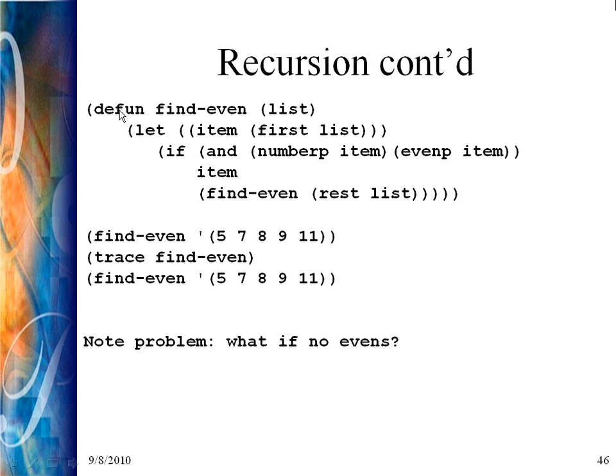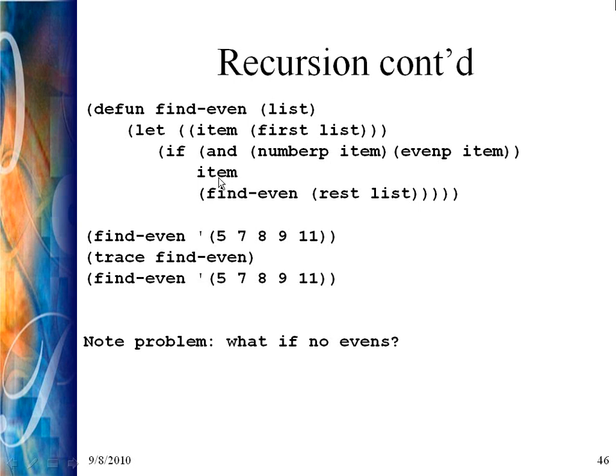So here is a recursive function. We define the function find-even, and it takes a list as an argument. We then let item be the first element of the list, and if item, the first element, is a number and it's even, we return it.